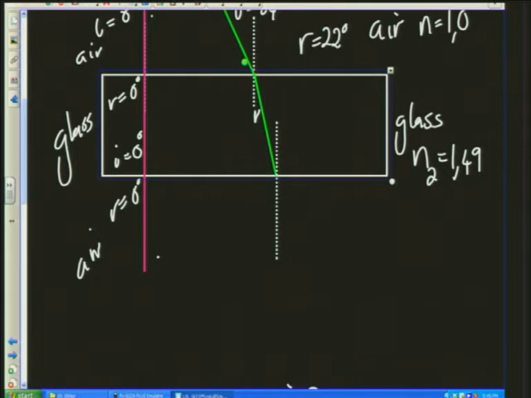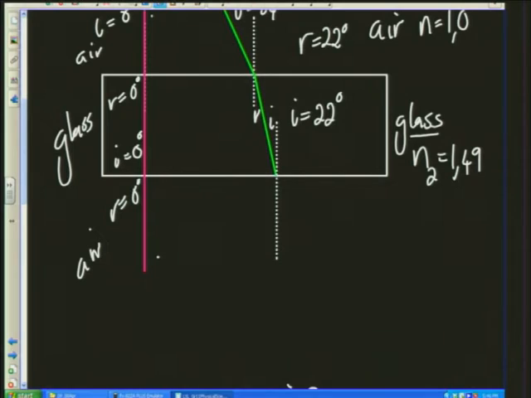This means that I can say that the second angle of incidence is also equal to the first angle of refraction. So if that's 22 degrees, then I know that that's the second one when we're moving from glass to air.